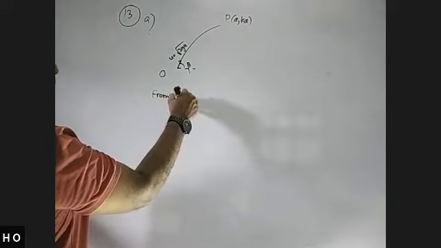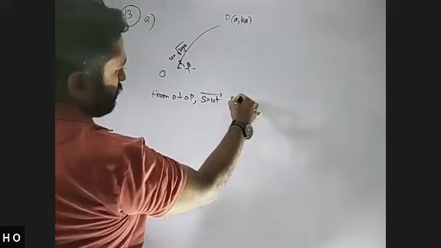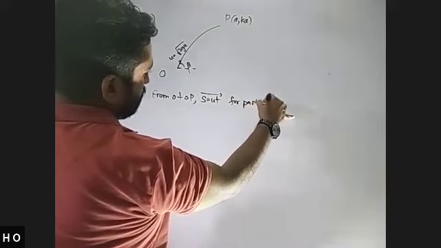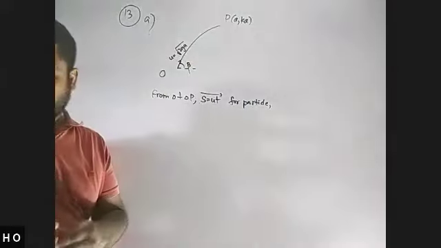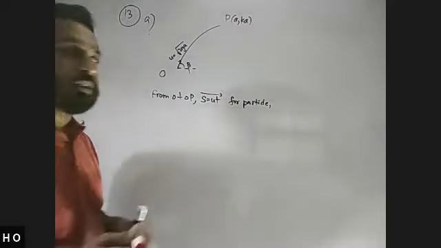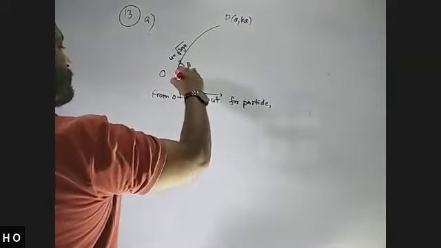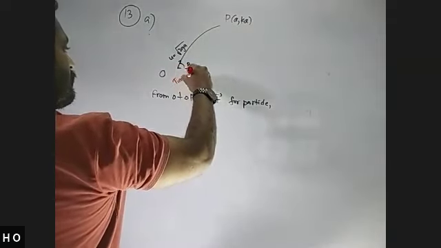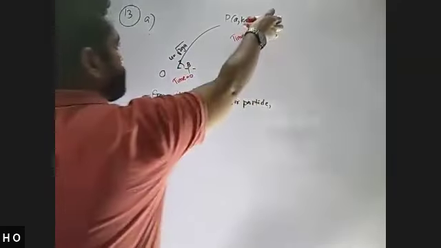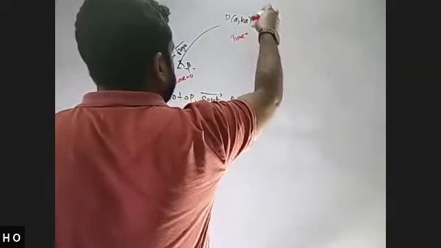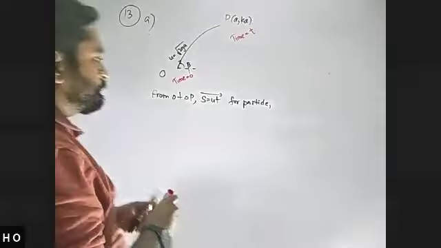From O to P, S equals ut for the particle. Here, take the time as 0 at the start. Then for the final point, I'll take the time as T. They have given a particular point.